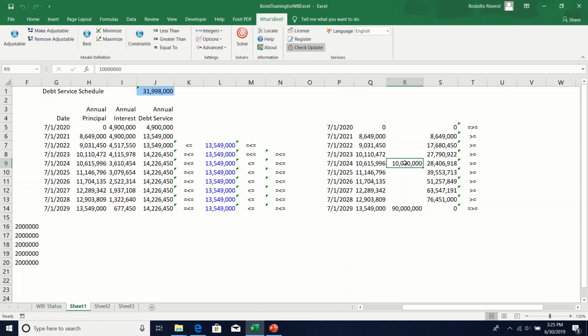Okay, so it seems like we really don't have a lot of leeway. We can add another, go back to our 38 million, 48 million. That's what it was. I don't remember exactly.